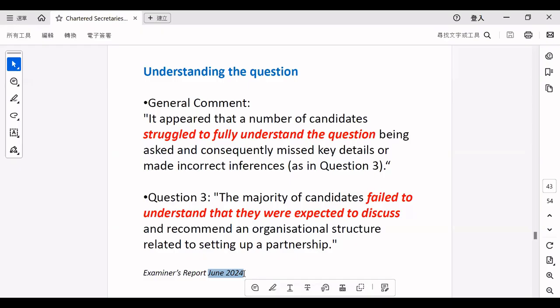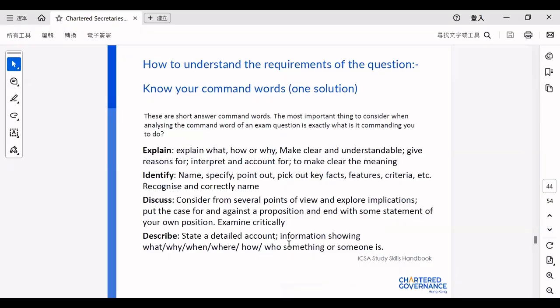So how can we understand the questions properly? Now here are some tips, but the general guideline is to understand the action verb, or we call it the command verb. Sometimes in short questions, they ask you to explain, so you have to underline the word explain.